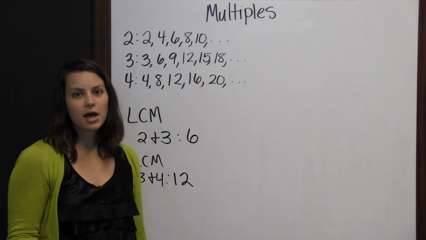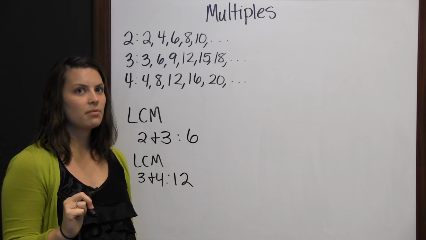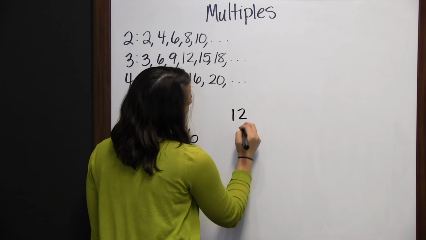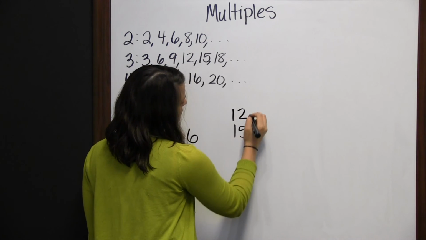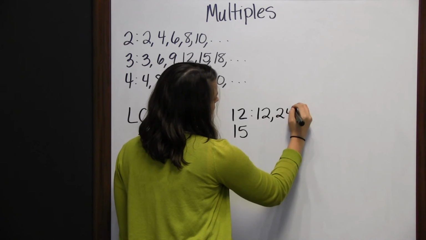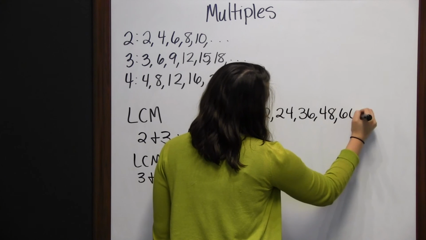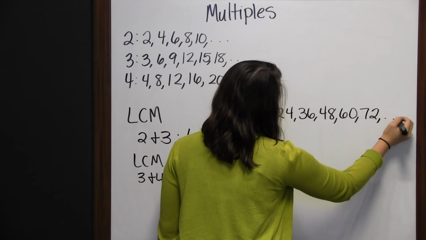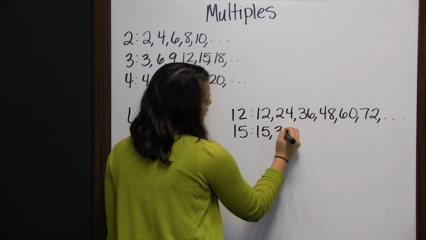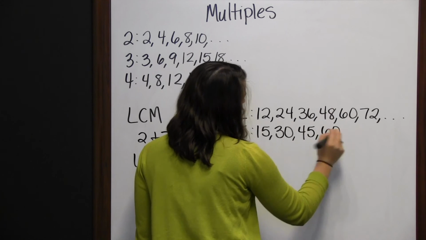And you can find the least common multiple of bigger numbers, like, say, the least common multiple of 12 and 15. So 12 would be 12, 24, 36, 48, 60, 72, etc. While 15 would be 15, 30, 45, 60.